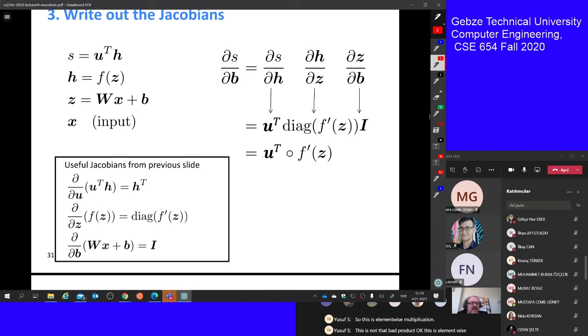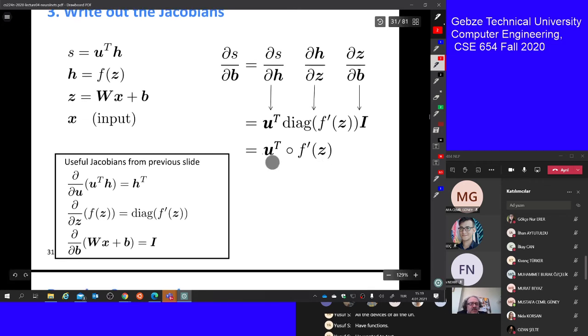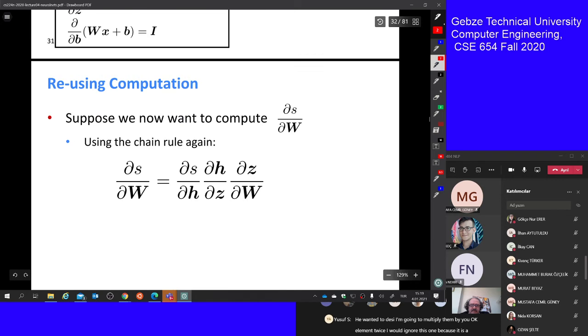So I am going to take the diagonals of this Jacobian matrix, which is the derivatives of all the f functions evaluated at z. I am going to multiply them by u. Okay, element wise. I will ignore this one because it is identity.